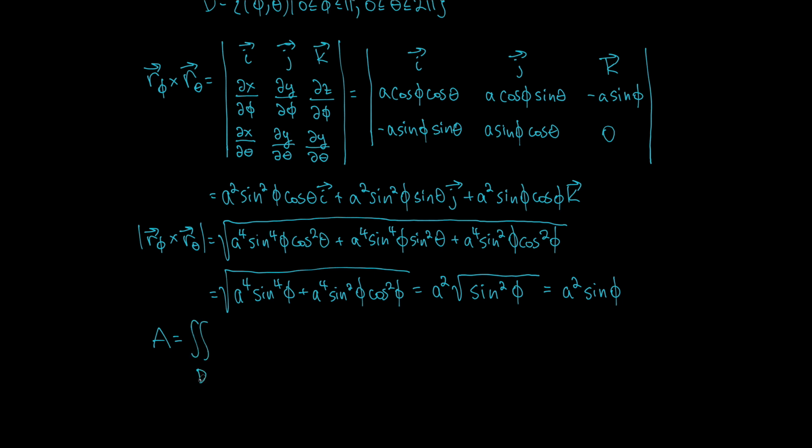So that'll be the double integral over D of the magnitude of r_phi cross r_theta.